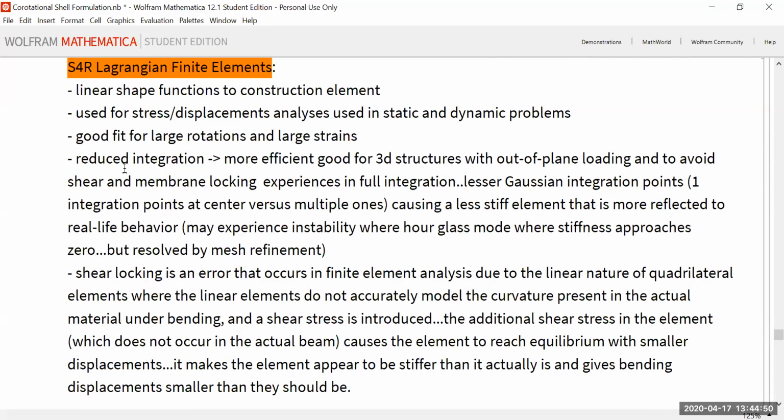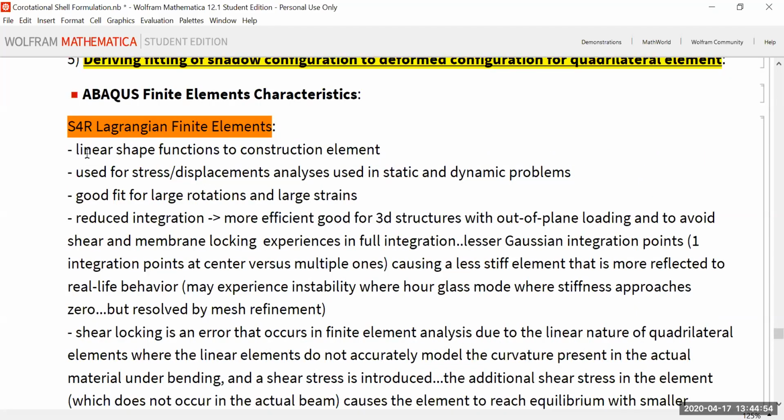Just briefly, I was looking at the documentation for these. I'm using these elements because I'm going to be doing both a P refinement, which is like increasing your linear to a quadratic polynomial, and H refinement, which is just increasing the number of elements.